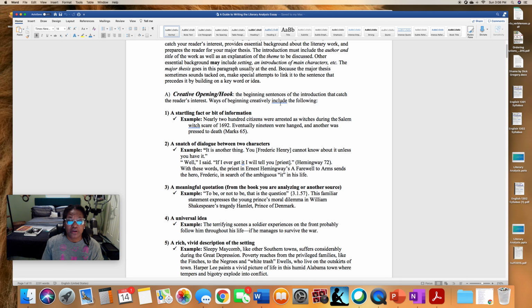If you're focusing on character, for instance, you may want to use a meaningful quote of dialogue between the two characters, right? A snatch of dialogue between the two characters. If you're writing about theme or some universal idea, you could find a quote that reflects that idea, or you could simply state that idea like in example 3 and 4 here.